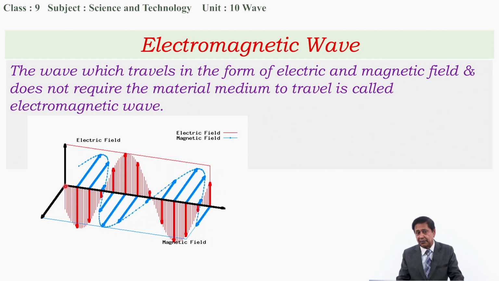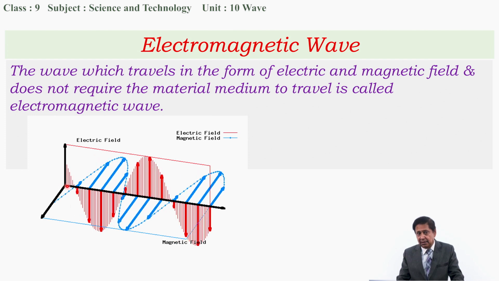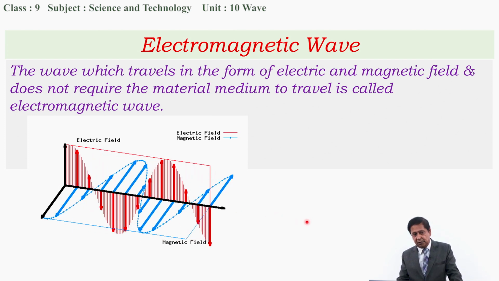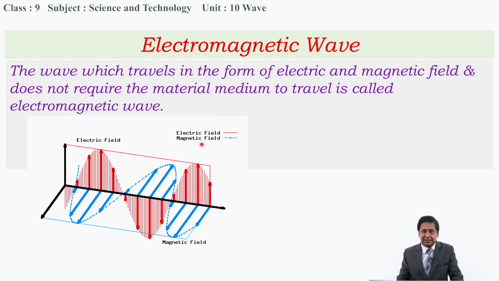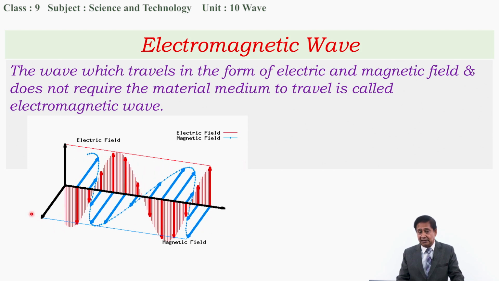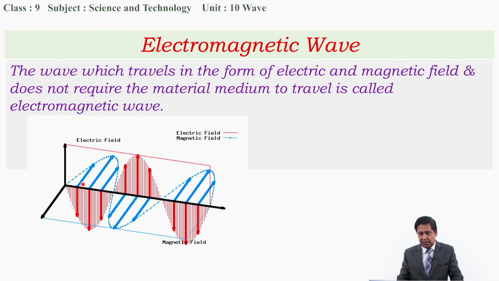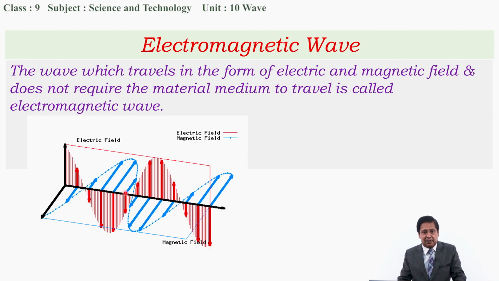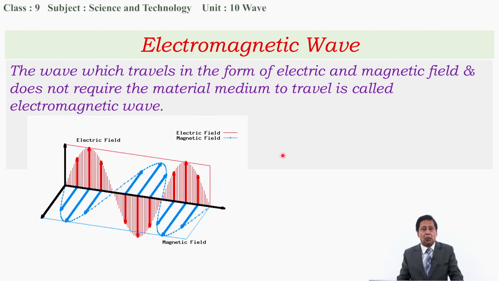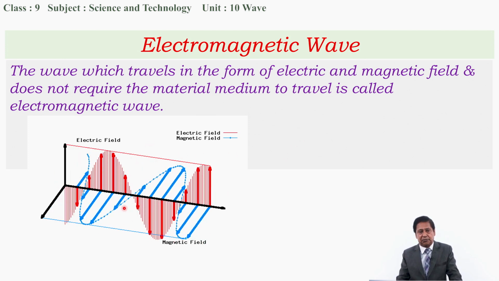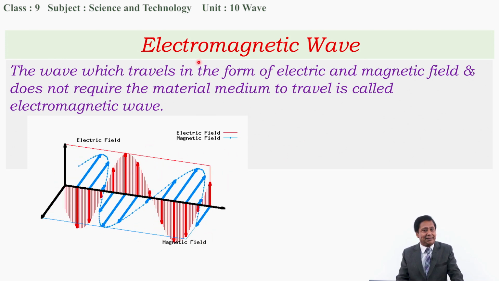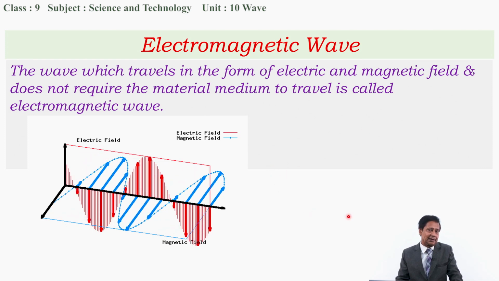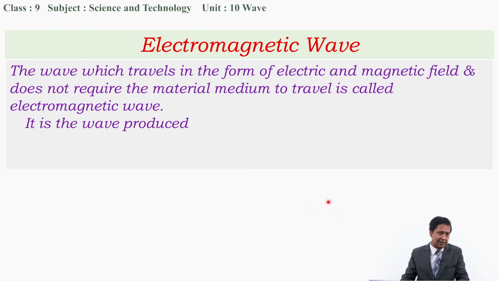In this way, if the energy is transmitted from the source to another place in the form of electric and magnetic fields, at right angles to each other and periodically changing their position, then this type of wave doesn't require any material medium for transmission, and this is called an electromagnetic wave.